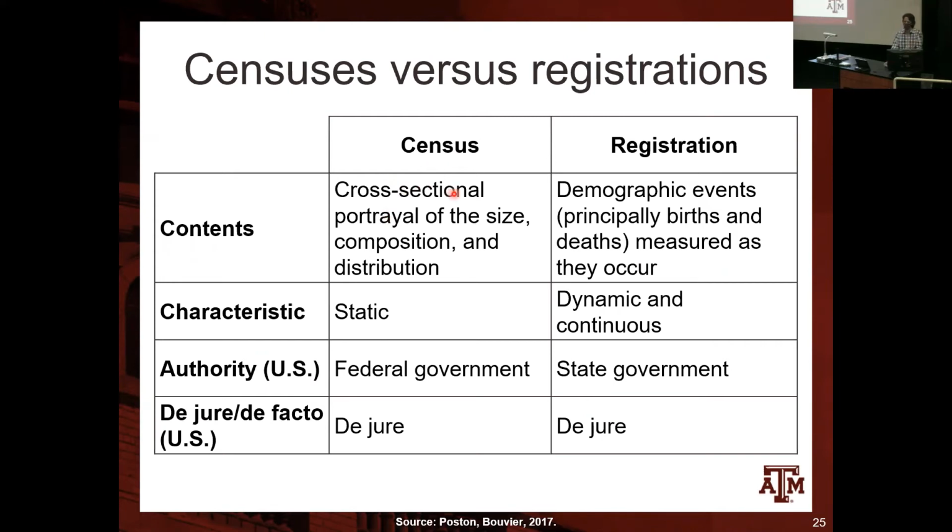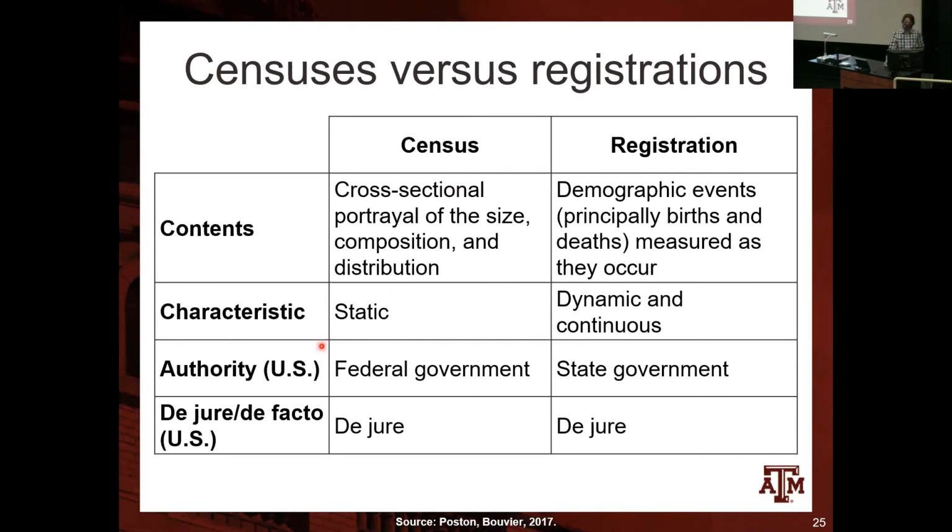So it's cross-sectional, and that data allows us to estimate the size, composition, and distribution of the population. It is static because we usually collect that information throughout a specific couple of months or several months, in a specific time period that the data collection is performed.